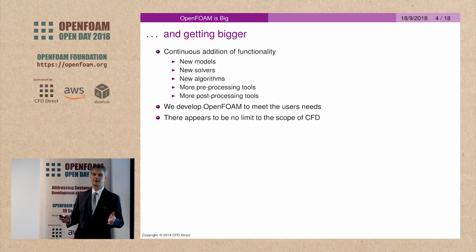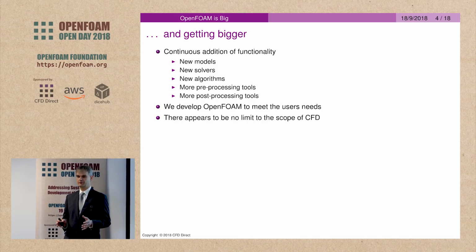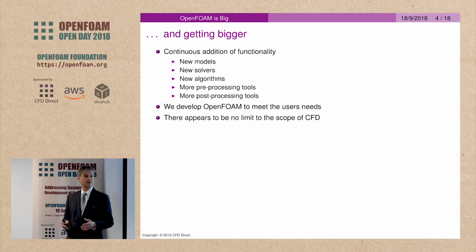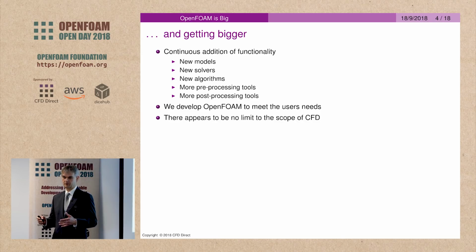When the code was about 100,000 lines, I had this feeling it was going to get to about 500,000, and that would be it. It would do everything we would want from it at 500,000 lines. We're now at 1.6 million, and it's still getting bigger. I don't think we should think about there being a limit. We should think about managing the complexity to handle whatever is needed from it.